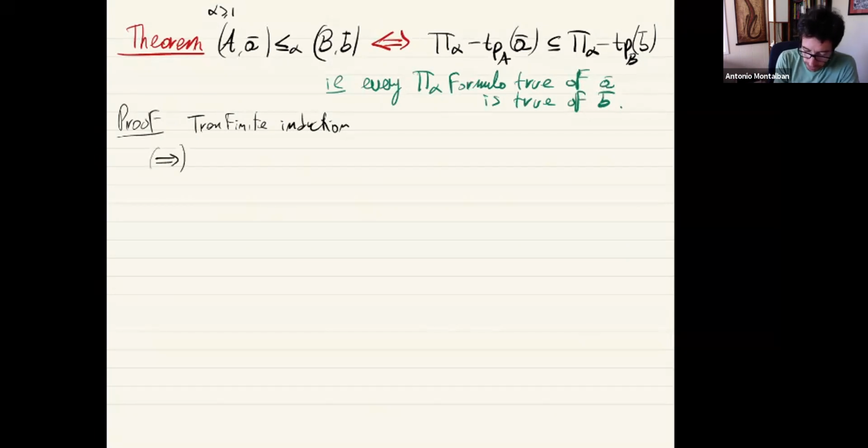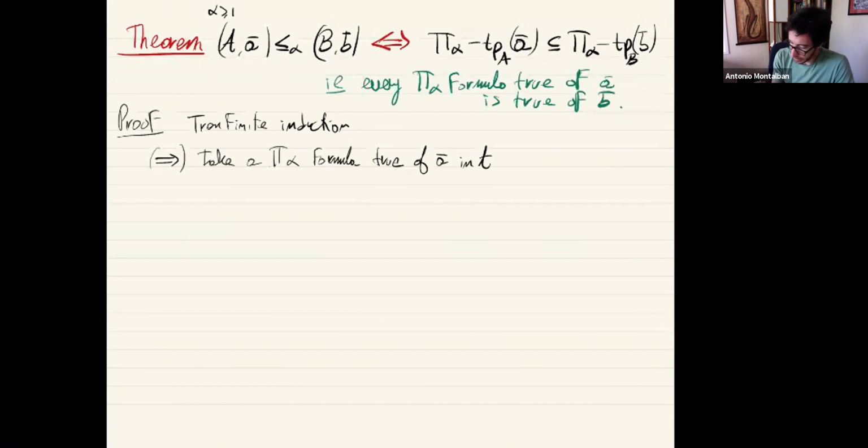Take a pi alpha formula true about A, and we want to show that it's also true about B, in the structure B.